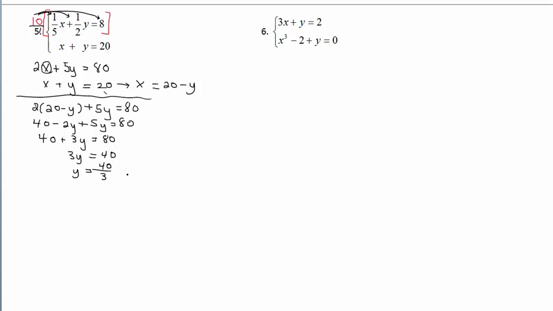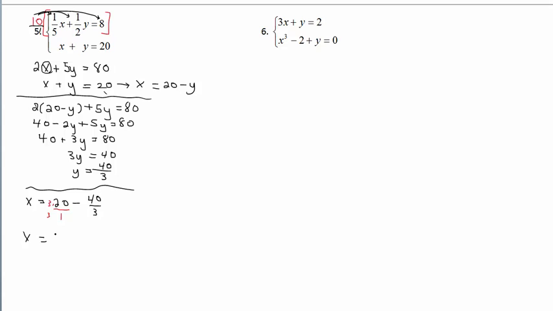All right, so let's get the x that belongs to this y. So I'm going to come back up here to get x. I'm going to insert 40/3 for this y. So x equals 20 minus 40/3. All right, let's go ahead and get a common denominator. First of all, I'll rewrite 20 as a fraction, 20 over 1. You're going to multiply the top and the bottom by 3.